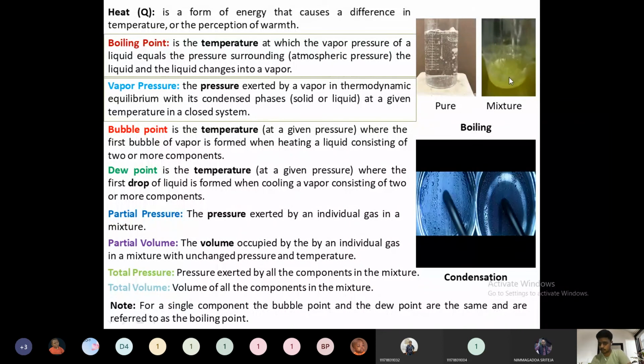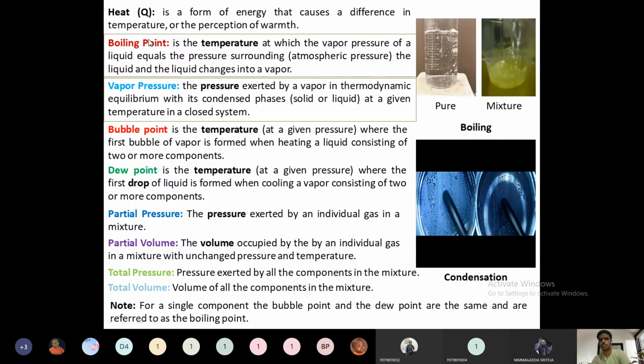This is the pure liquid, and this is a mixture of liquids. So how can we differentiate? How can we define the terms for the pure liquid and for the mixture?